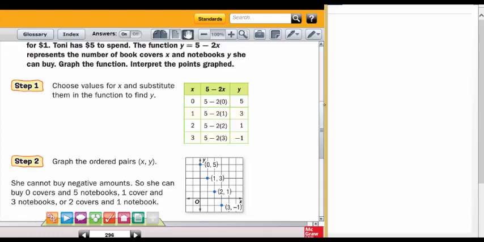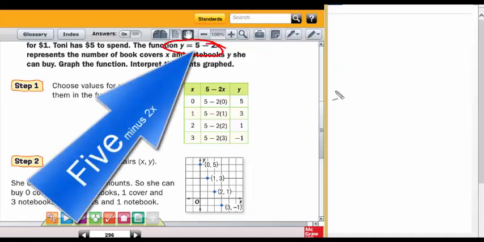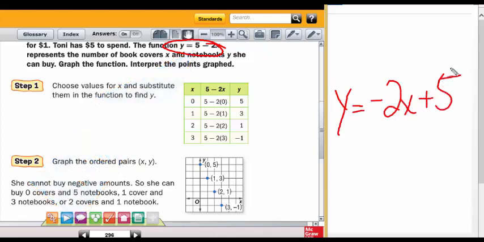One thing I'd like to point out here is that here was our original equation, y equals 5 minus 2x. We could rewrite that as y equals negative 2x plus 5. And we should be able to graph that immediately by going to positive 5 on the y-axis, which would be right there, and then we're going to use a slope of negative 2 over 1.